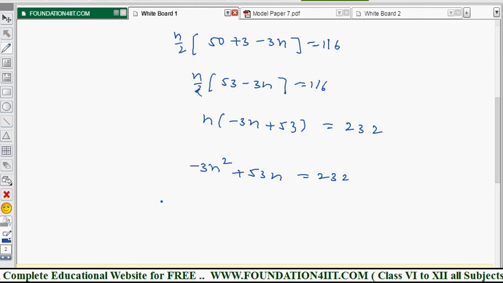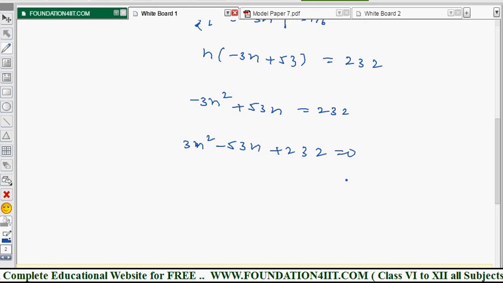Take the terms to one side, then 3n square minus 53n plus 232 is equal to 0. So this is the quadratic equation. Here the coefficient of n square is 3, so we need to use the quadratic factorisation concept.